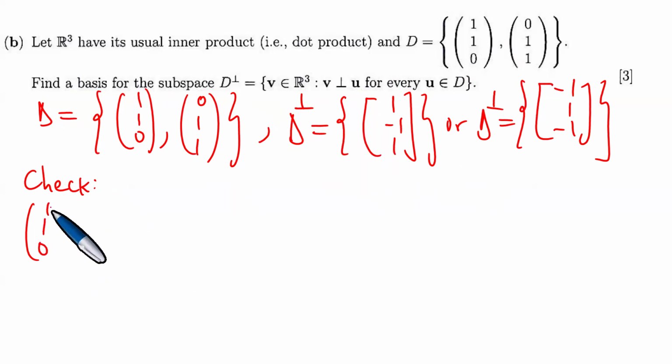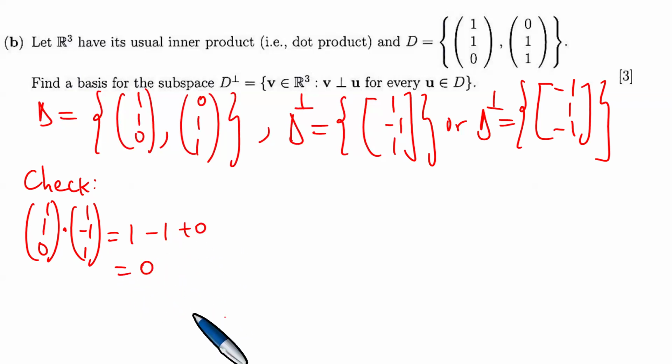So the 1, 1, 0, if you dot it with this one, 1, minus 1, 1, what is the answer here? Because 1 times 1 is 1, this one and this one is minus 1, and the 0 by 1 is a 0. Meaning that indeed, but it must also produce 0 with this one.